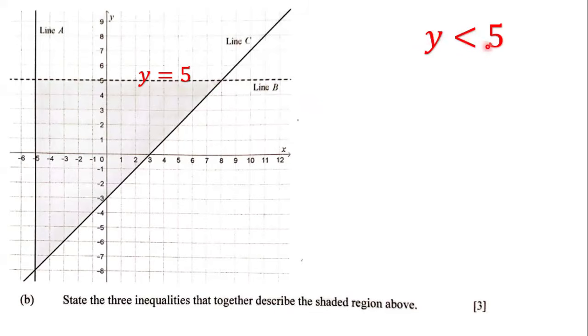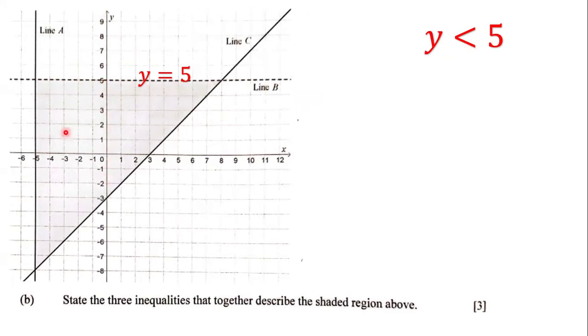This is very important. Well, if we were to shade that particular region, we have to think about all of the values that are less than 5. So this is 5, right? What are the values that are less than 5? Well, the values that are less than 5 are going to be 4, 3, 2, 1, 0, -1, and so on.